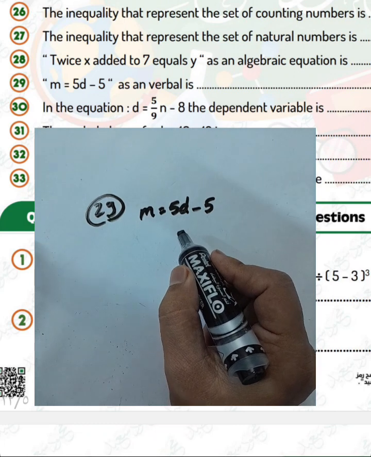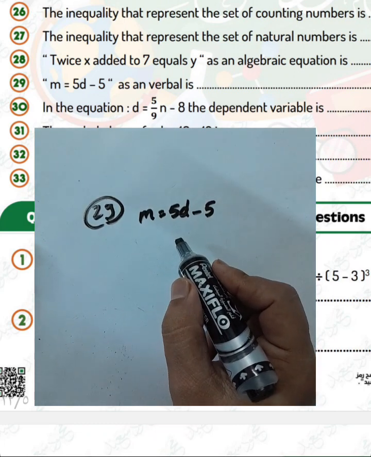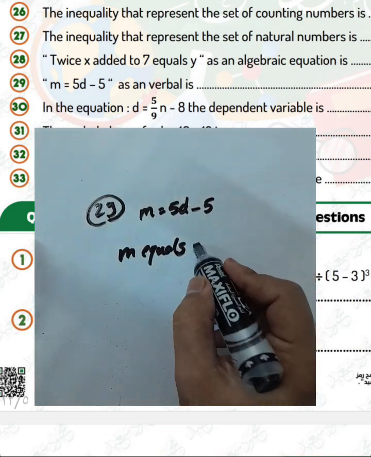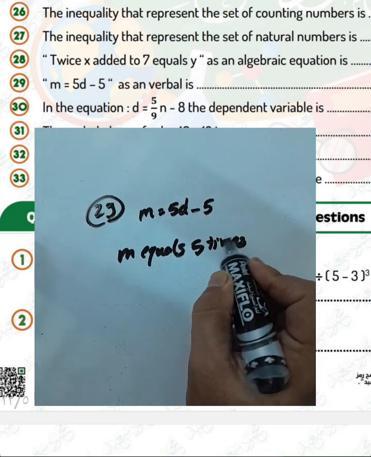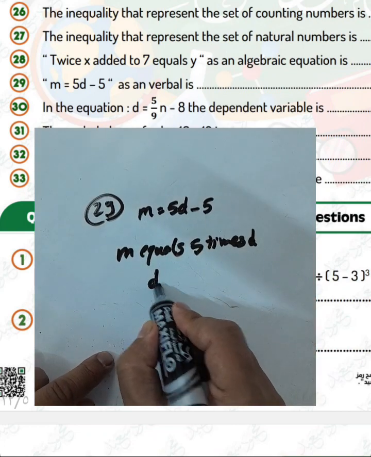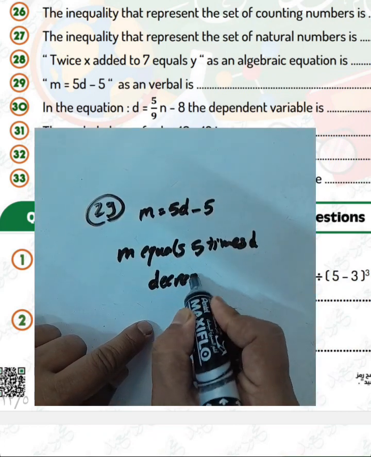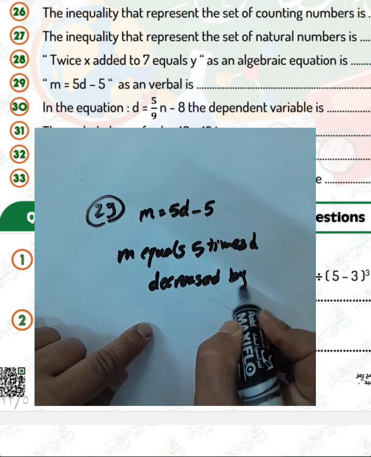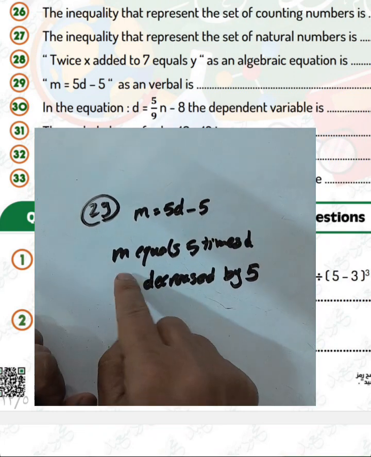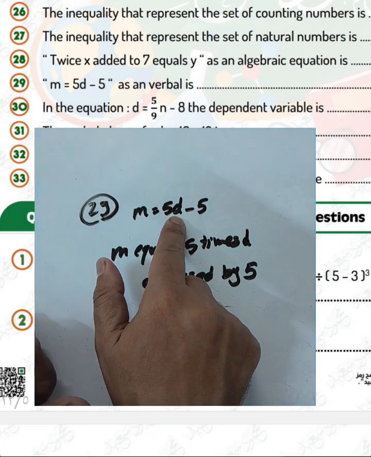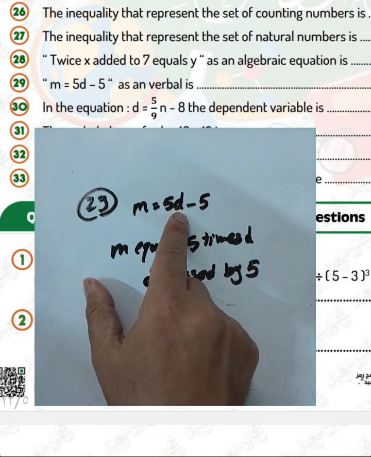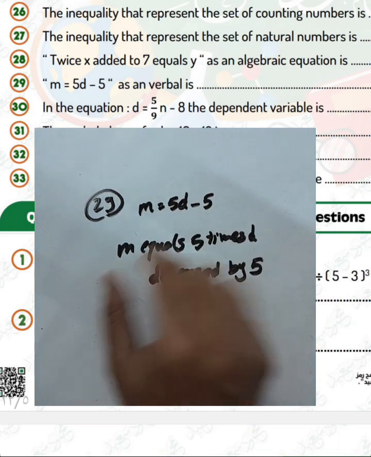As a variable, we can write M equals 5 times d, 5 times d decreased by 5. Or we can write M equals the product of 5 and d subtracted by 5, or 5 less than the product of 5 and d.